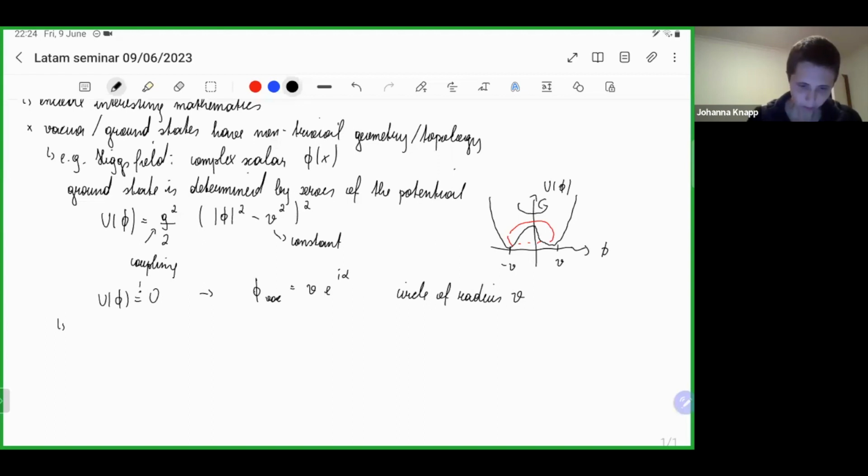Of course, if you wanted to study the mathematics of a circle, you wouldn't necessarily start off with the scalar field theory with the Higgs potential and then discover the circle as a new mathematical object by computing the series of the potential.